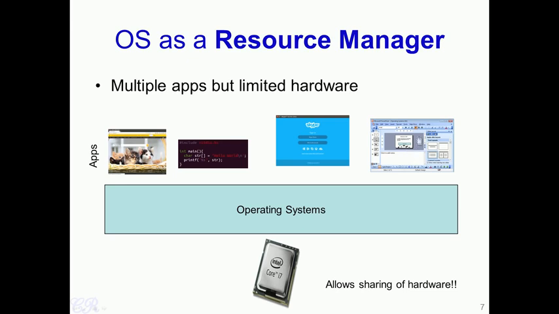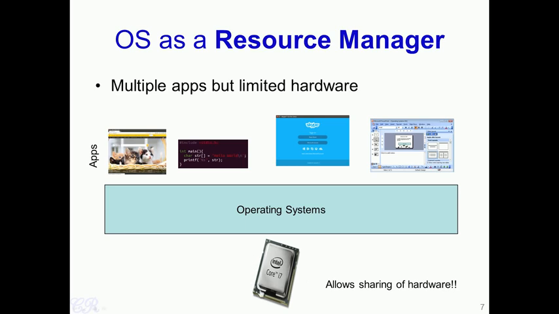Now, the fact is that we could have several applications running on our system, but the underlying hardware is constrained. Essentially, we have just one hardware which needs to cater to several applications almost concurrently. So, the operating system ensures that it is feasible for multiple applications to share the same hardware.